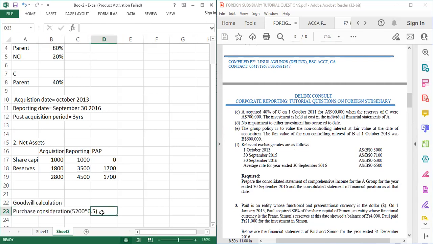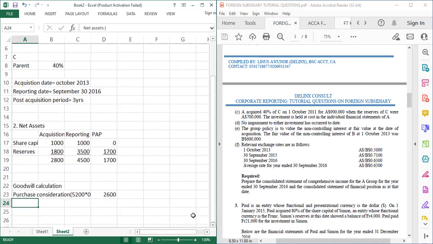So what will be the figure now? 5,200 times 0.5. So we are paying 2,600. But how much should we have paid?